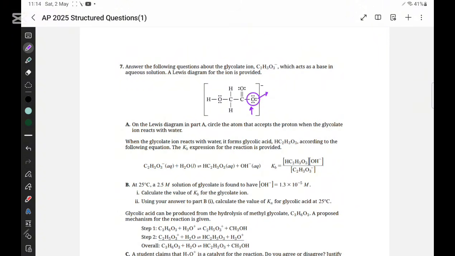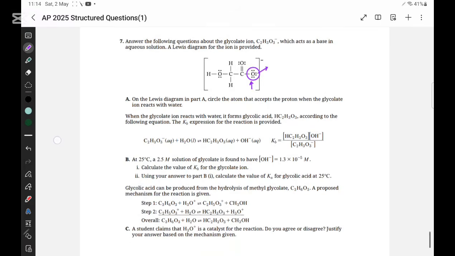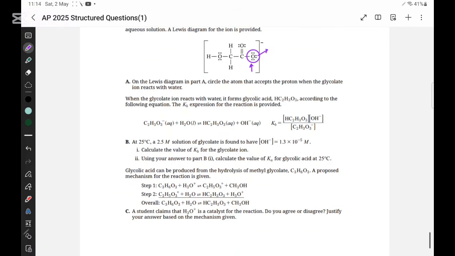Next question, when the glycolate ion reacts with water, it forms glycolic acid, and there's an equation given below. Part B is saying calculate the value of Kb for the glycolate ion. So first of all, we have glycolate ion which is having the initial concentration of 2.5, and the others are 0 and 0.